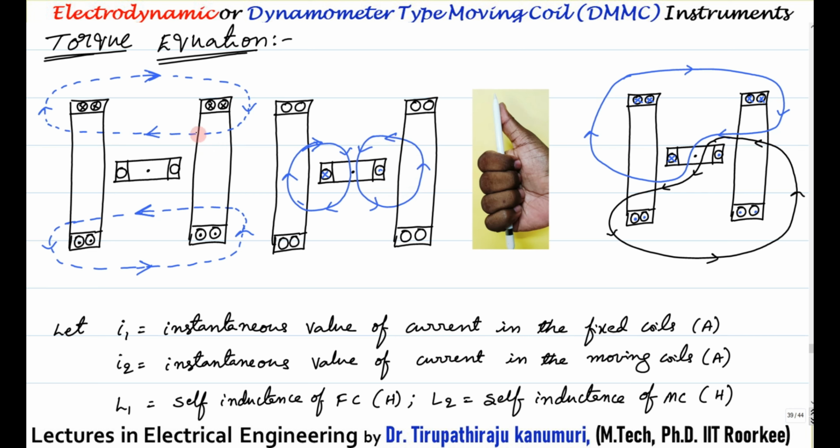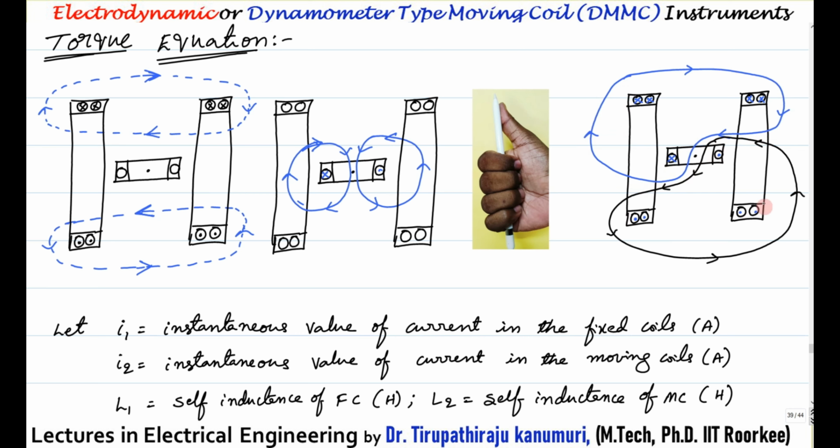So both will add to each other. Whereas in the bottom side they will oppose each other, because this is passing in the clockwise direction, this counterclockwise direction. Both are opposite, so they will oppose each other. So the resultant will be cancelled out, or we can say the resultant field will come like this. This will be the shape of my resultant field.